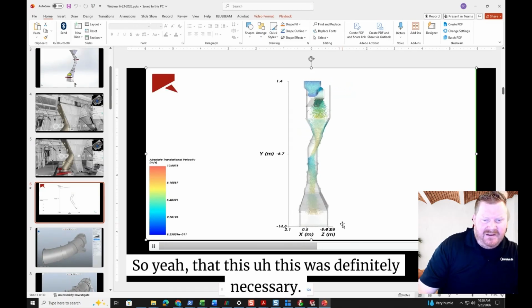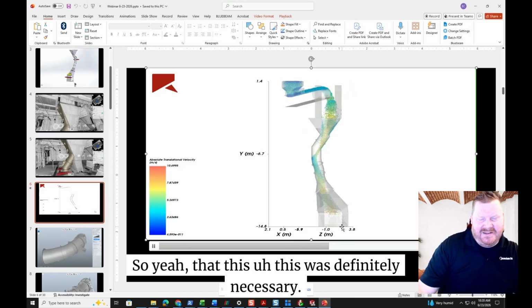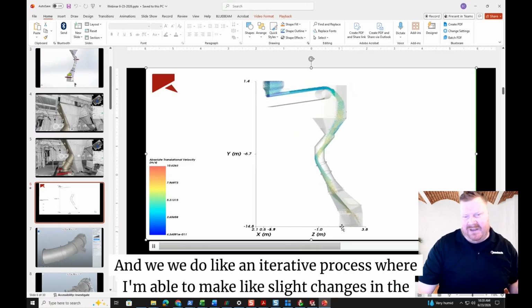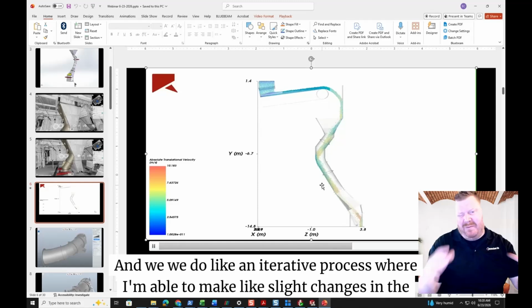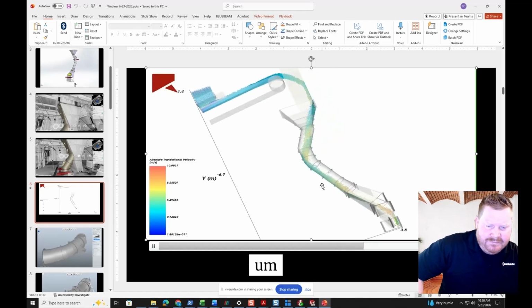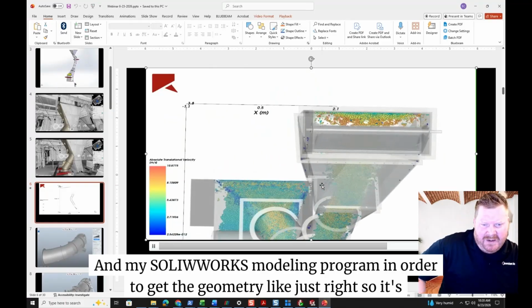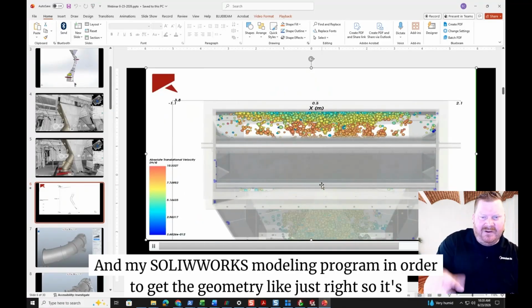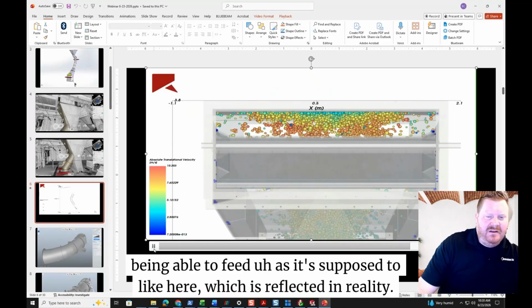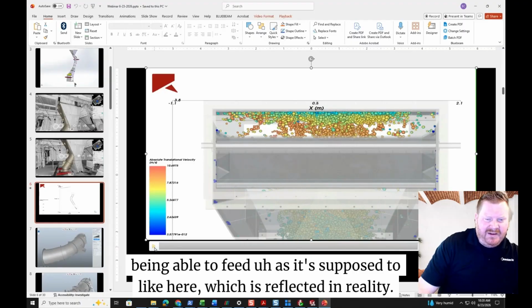So yes, this was definitely necessary, and we do an iterative process where I'm able to make slight changes in my SolidWorks modeling program in order to get the geometry just right, so it's able to feed as it's supposed to, like here, which is reflected in reality.